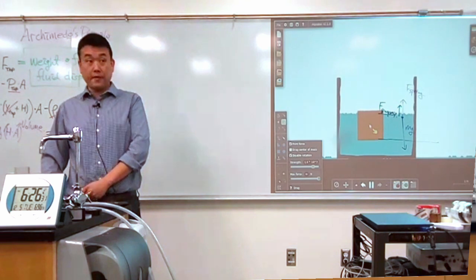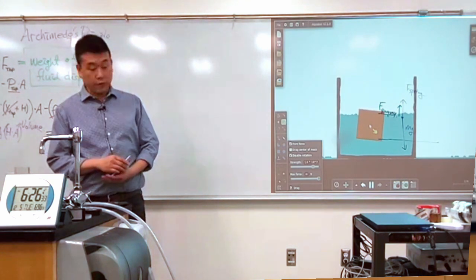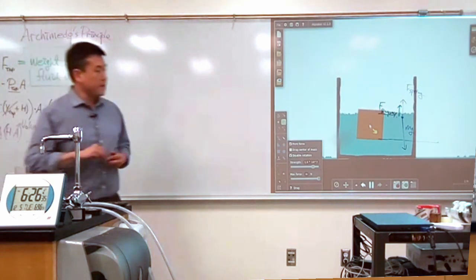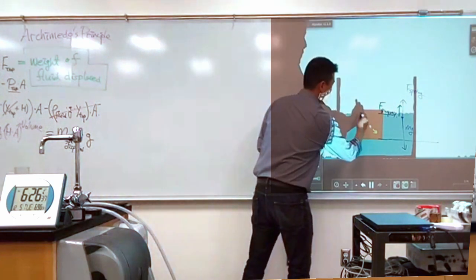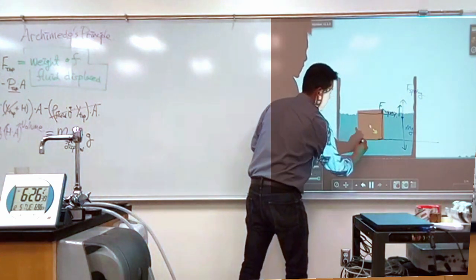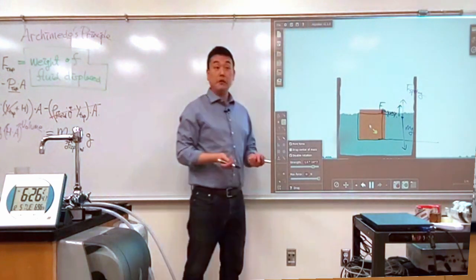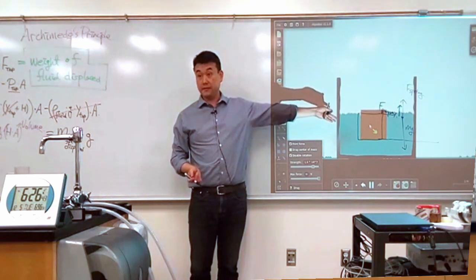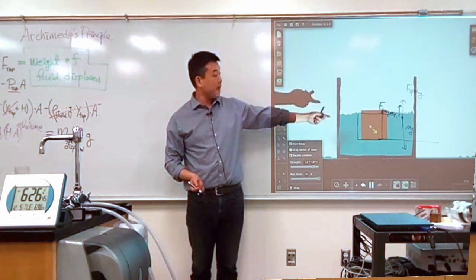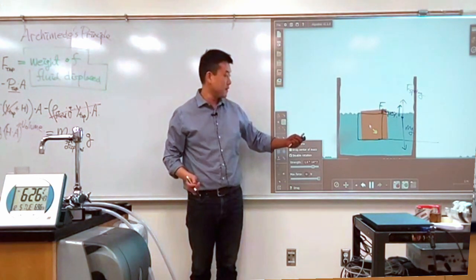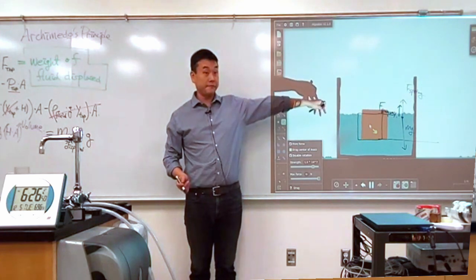So at that point, when I let go, the buoyancy force from this much displaced fluid is equal to the weight of the object. So it's balancing out the entire weight of the object and keeping it afloat.